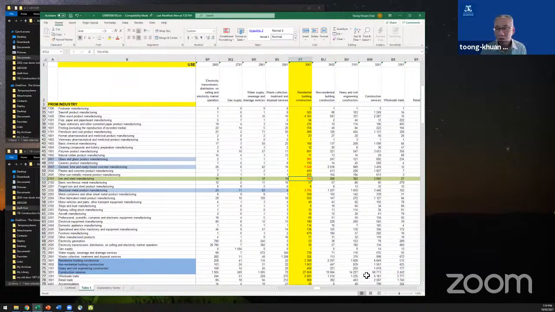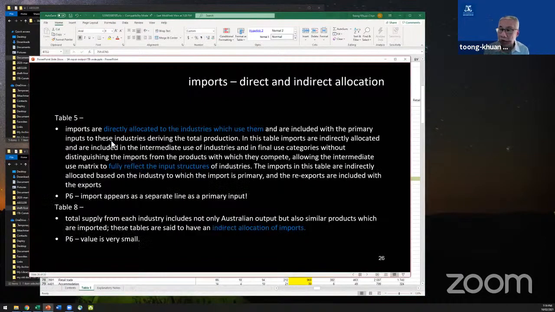Okay, so let me then show you what table 5 says. In table 5, imports are directly allocated to the industry which uses them, and are included with the primary inputs to these industries.